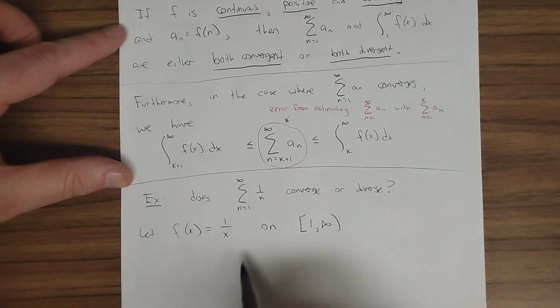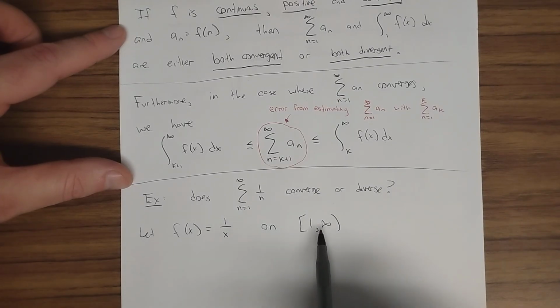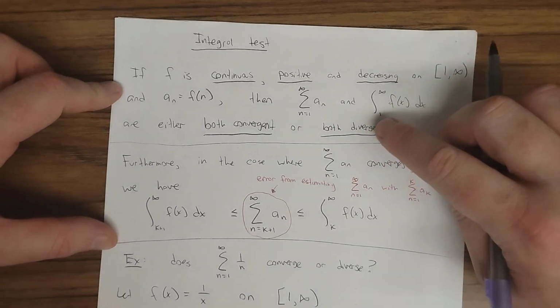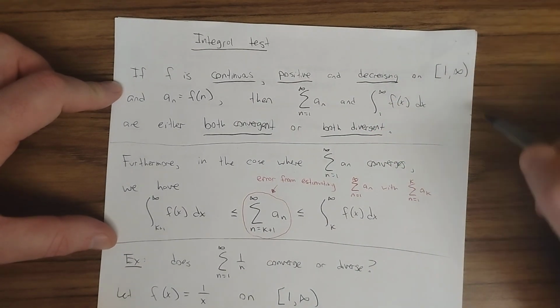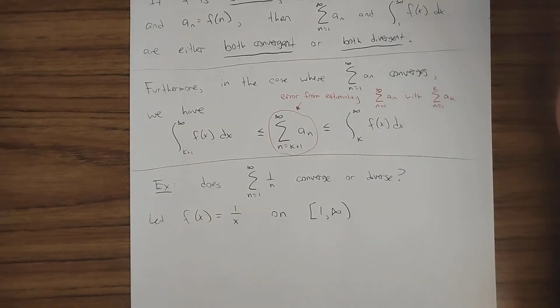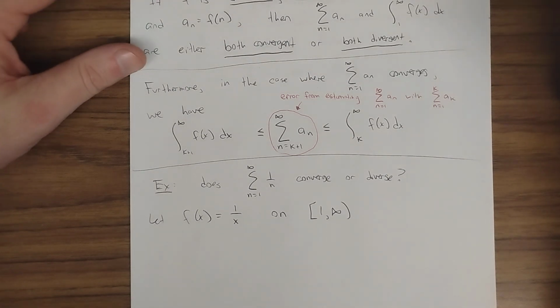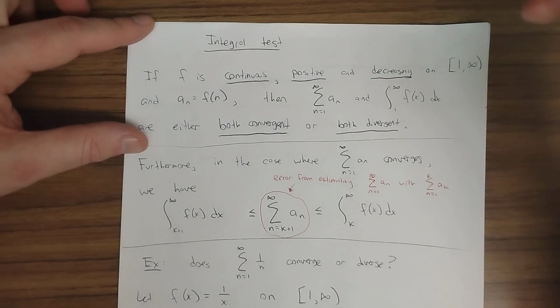And by the way, of course, sometimes series don't start at n equals 1. They might start at n equals 2 or something, and then I would just do the interval from 2 to infinity. There's a version of the integral test that can start anywhere. But we're doing the standard integral test, so 1 to infinity. And we just have to check that it's continuous, positive, and decreasing.